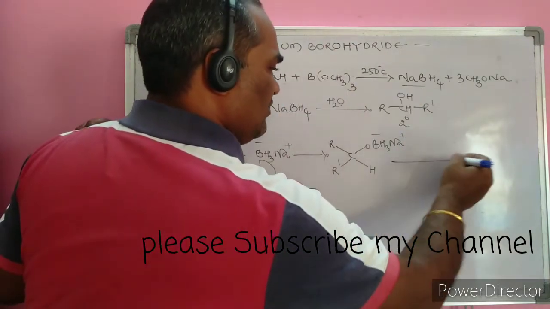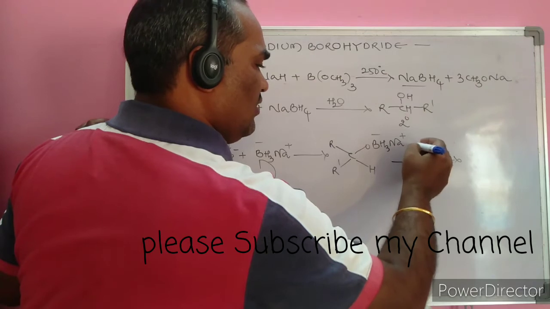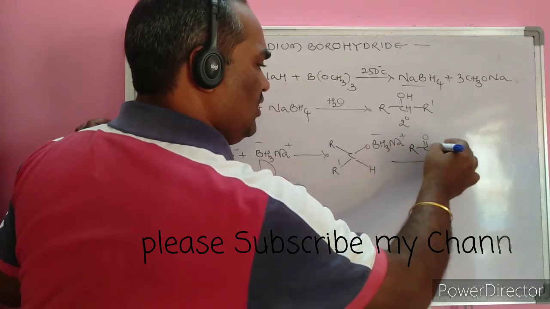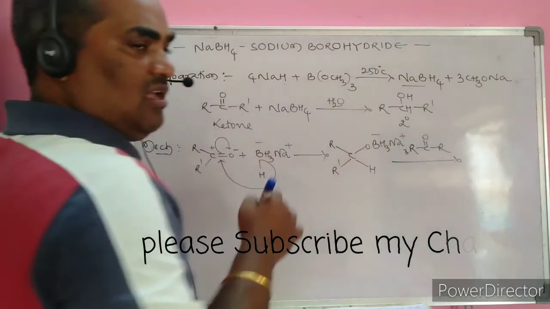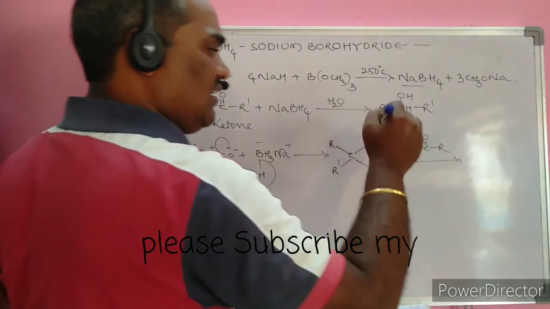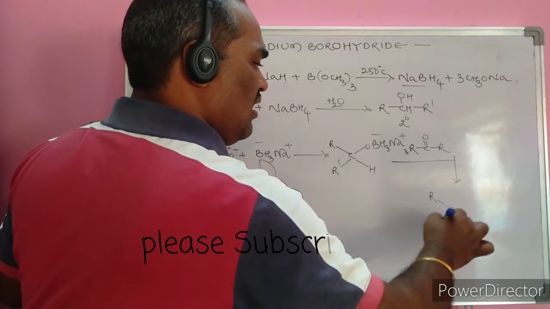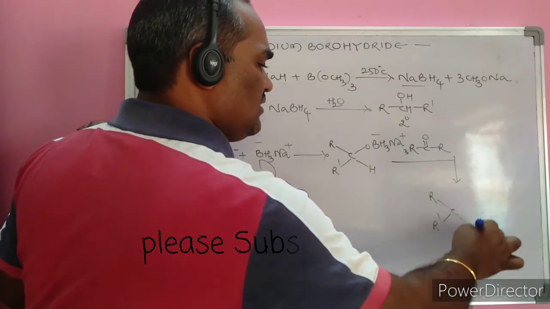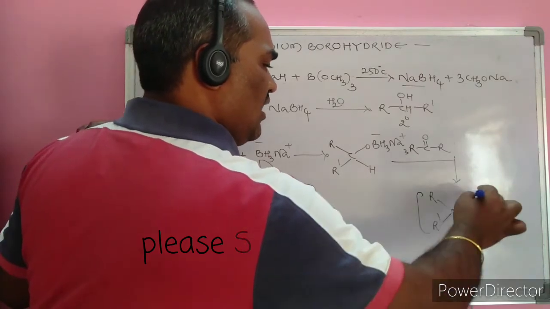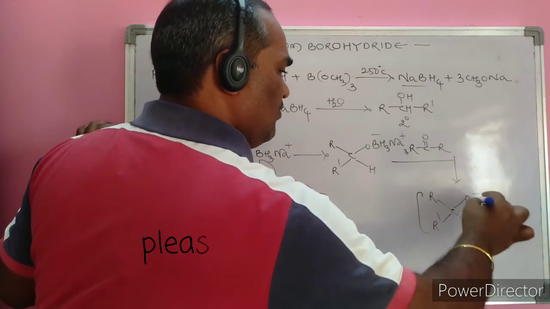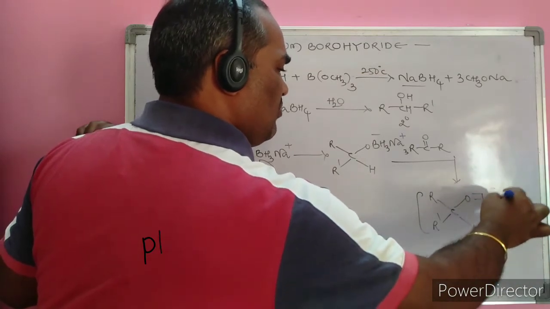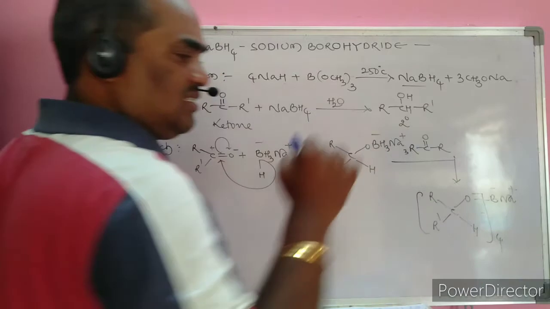Again, it reacts with 3 more moles of the ketone. The remaining 3 hydrogens get transferred, and the formed one is RC R dash with HO, taken 4 times, and here B minus and Na plus.